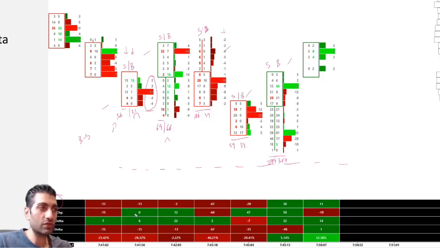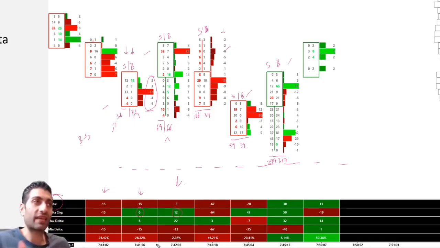All the delta change is telling you guys is the difference between this delta and this delta. So on this candle, would you agree this box relates to this candle? We had minus 15. What was the last candle? Minus 15. What's the difference? 0. Now on this candle, we're at minus 3. Previous candle was minus 15. What's the difference? Plus 12.